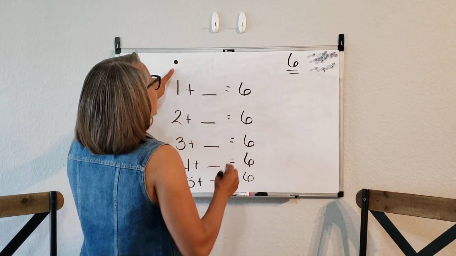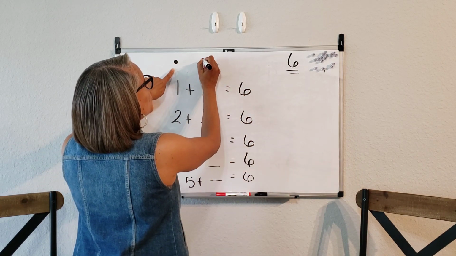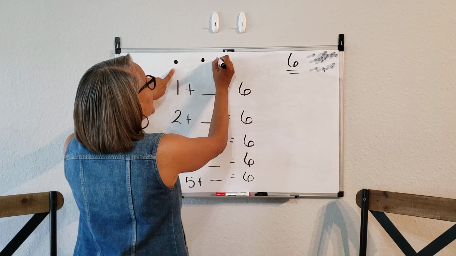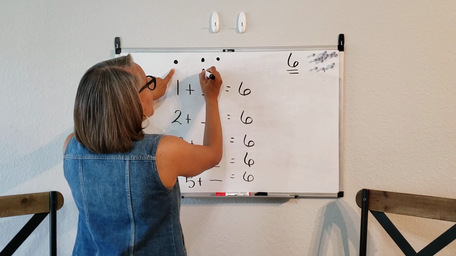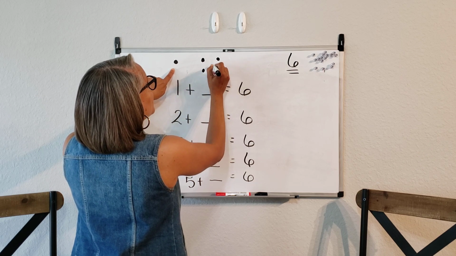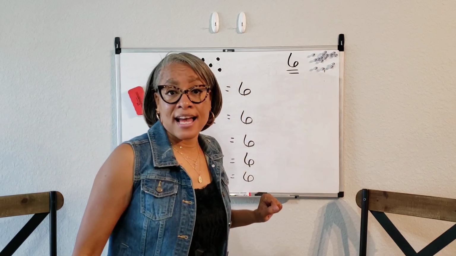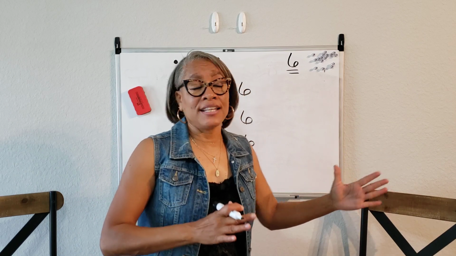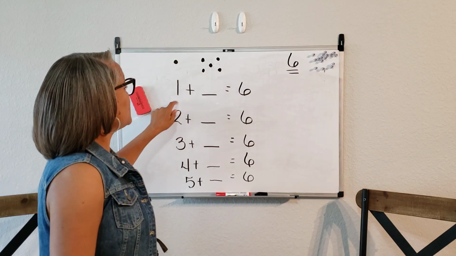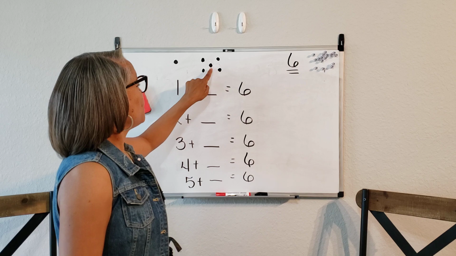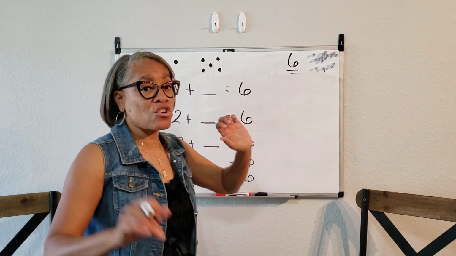So I have 1, 2, 3, 4, 5, 6. Do I have 6 dots? Yes. Now listen and watch again. 1, 2, 3, 4, 5, 6. I have a total of 6 dots.